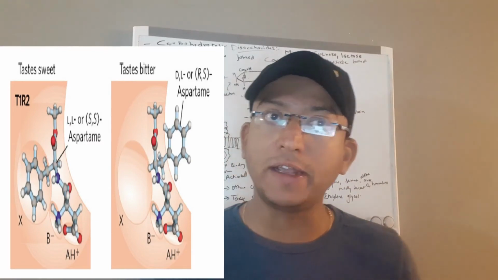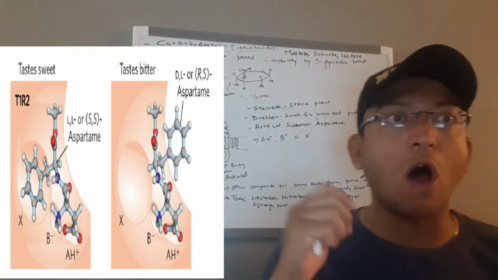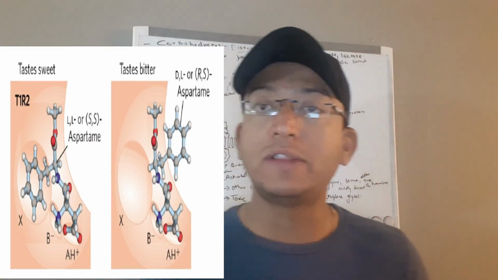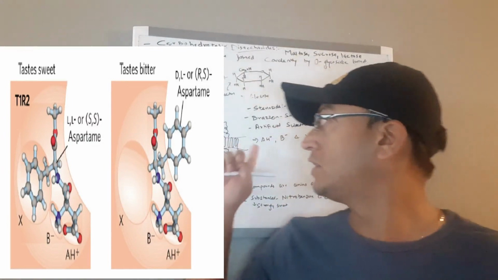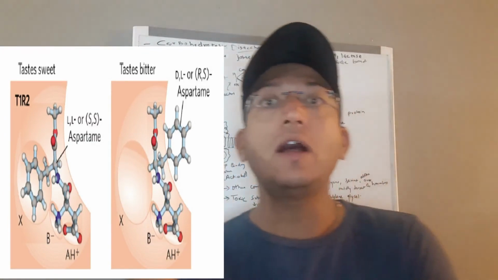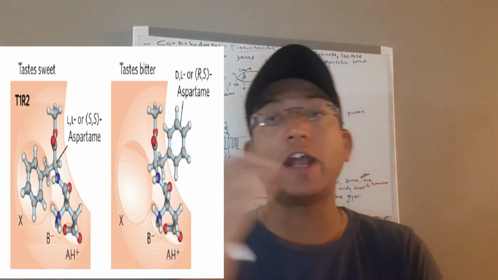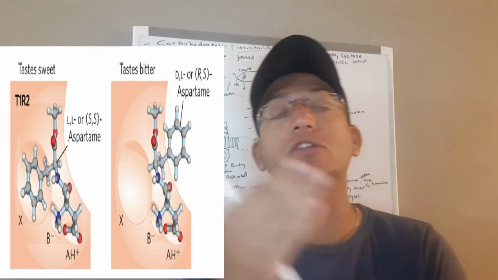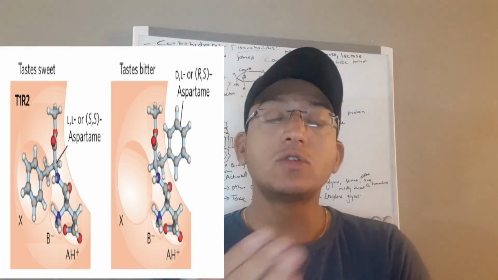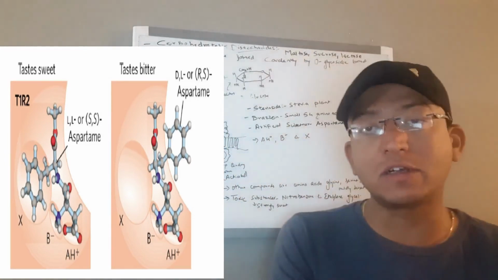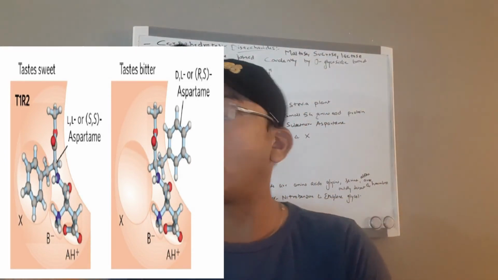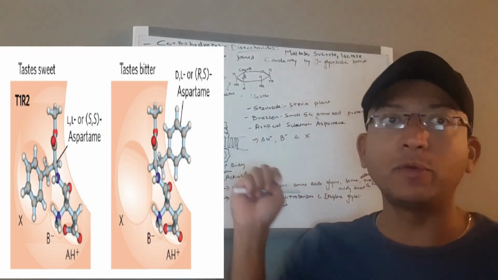So the AH plus contains an alcohol or an amine, so that can hydrogen bond with a group with a partial negative charge. What kind of group should it be? It should be a carbonyl oxygen. On the sweetener, it is the carboxylic acid of aspartame, so that is why it binds with the AH plus.